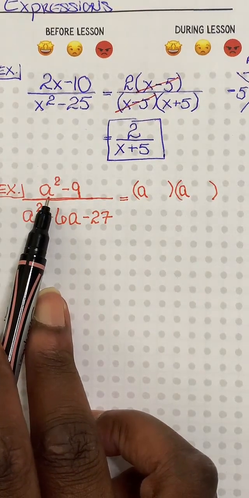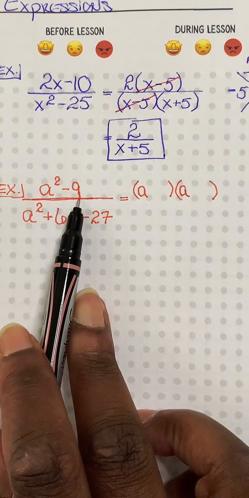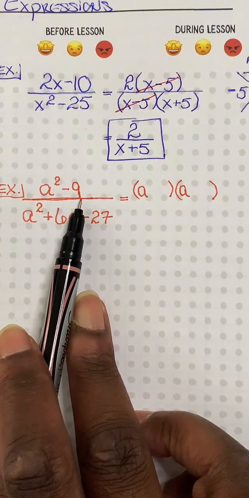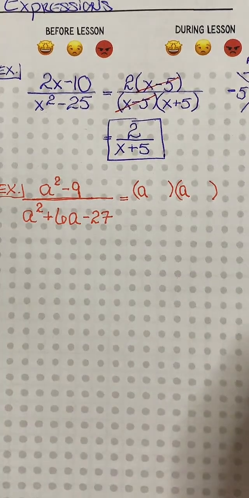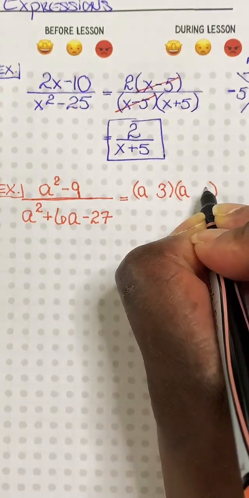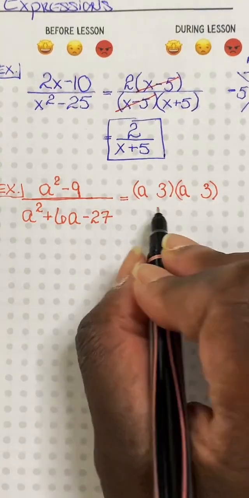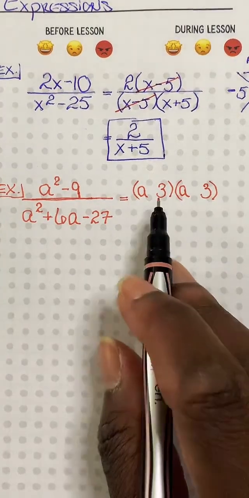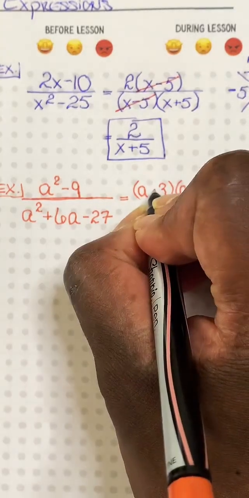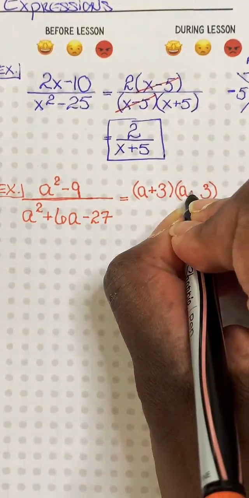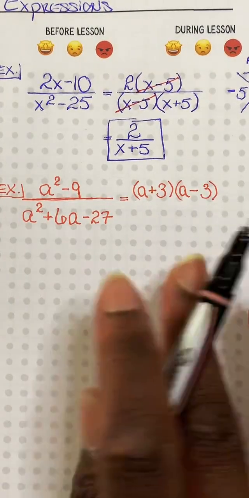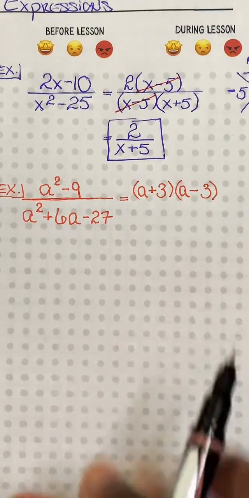Anytime it's a 1, just go ahead and split the a's up. Now, negative 9: we have 3 and 3, but one of them has to be negative because 3 times 3 gives me 9, but I'm looking for negative 9. So I'll make the first one positive and the second one negative. It doesn't matter; if you make this negative and that positive, it still works.